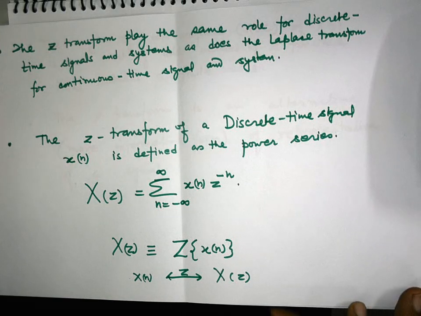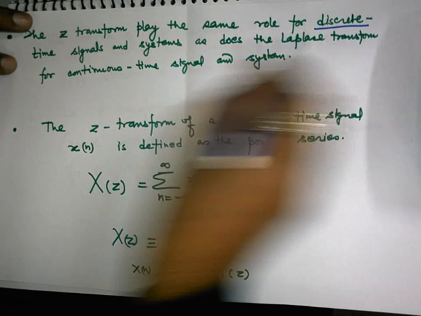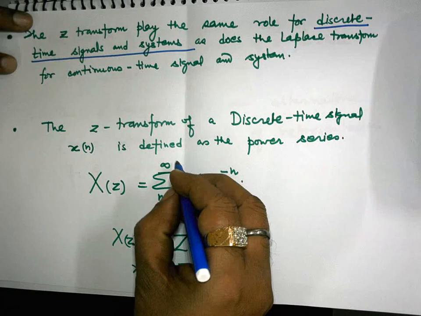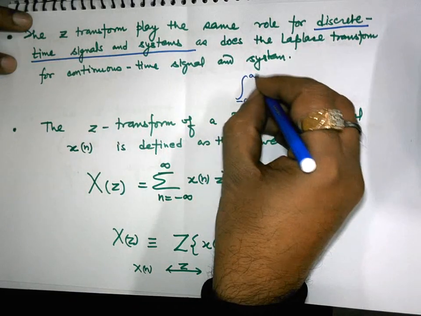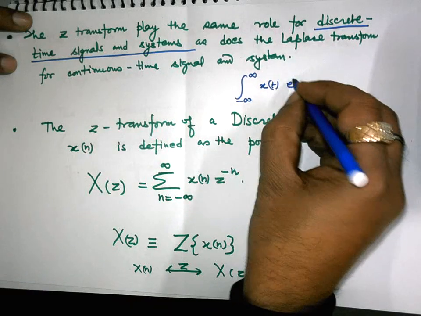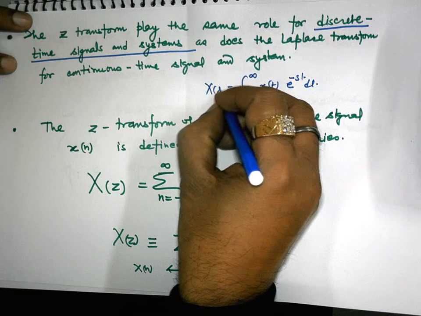Now, if we proceed in the discrete time domain, for discrete time signal and system, the integral in Laplace transform, if you recall, was the integral of x(t) e to the power minus st dt, which was X(s).